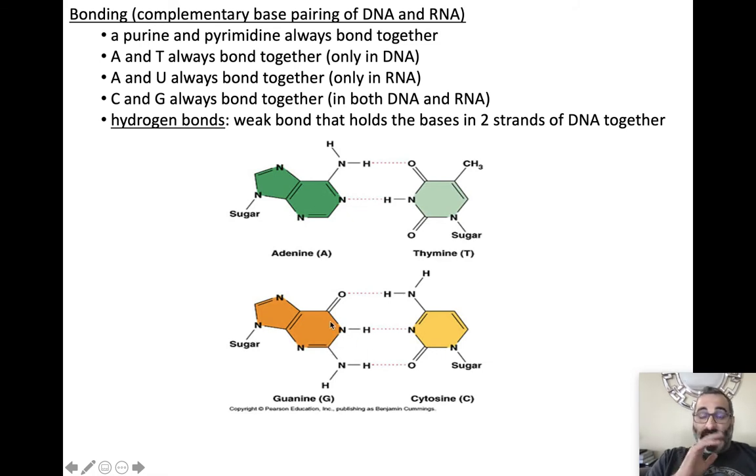In this case, the A and G are the purines, binding to the pyrimidines on the right. They always bond according to the number of hydrogen bonds they can make: 2 for A and T, 3 for G and C. These are weak bonds, not covalent. Covalent bonds are very strong.